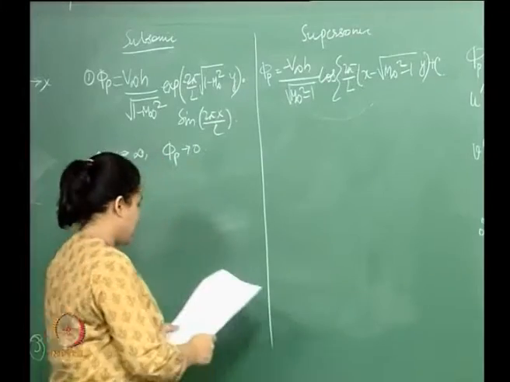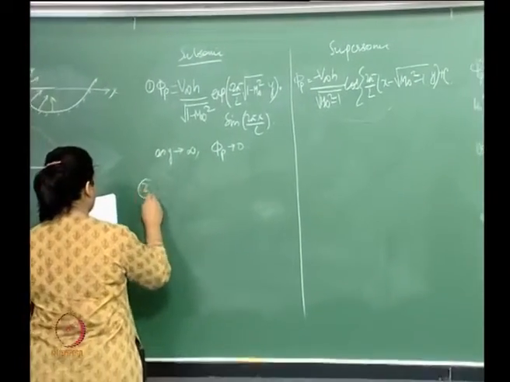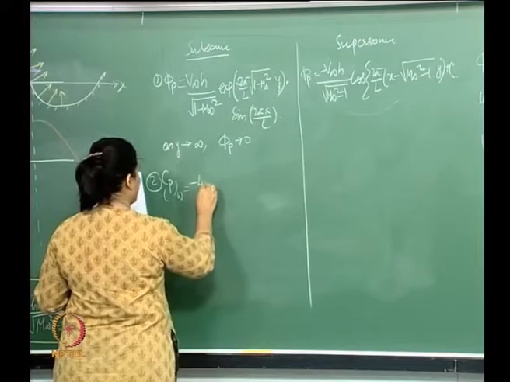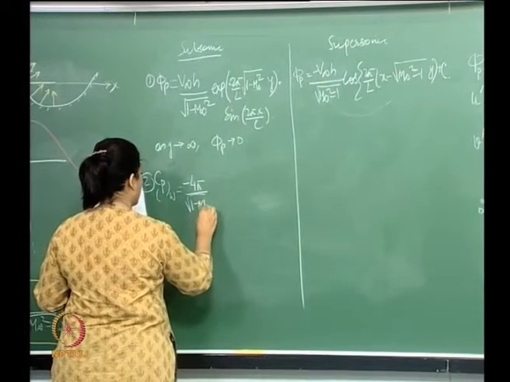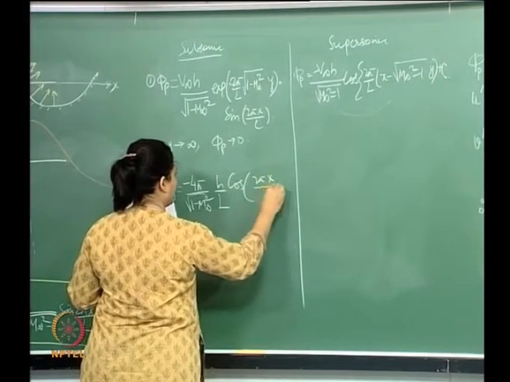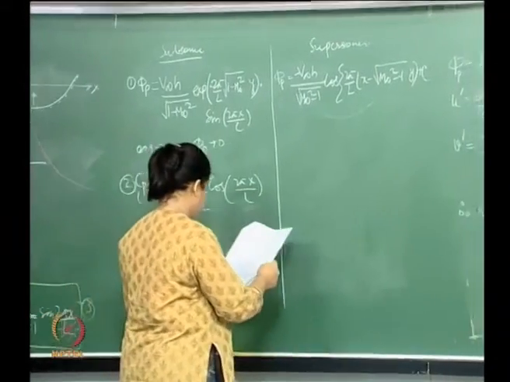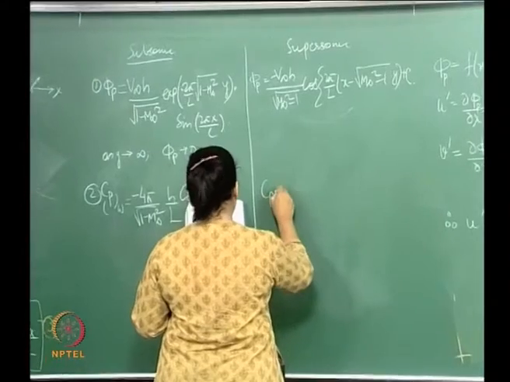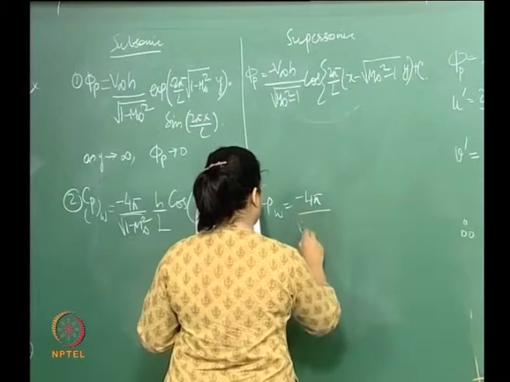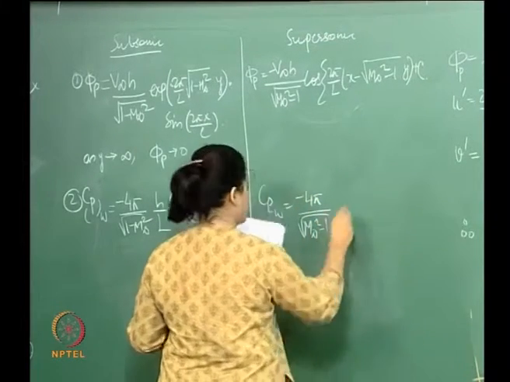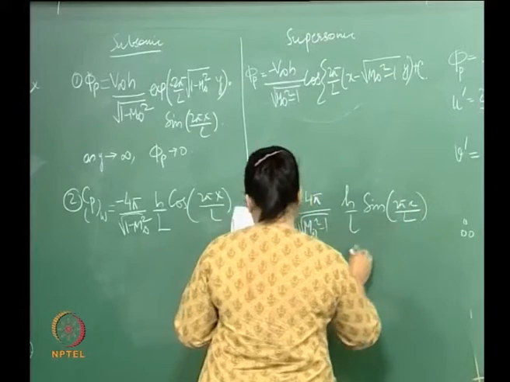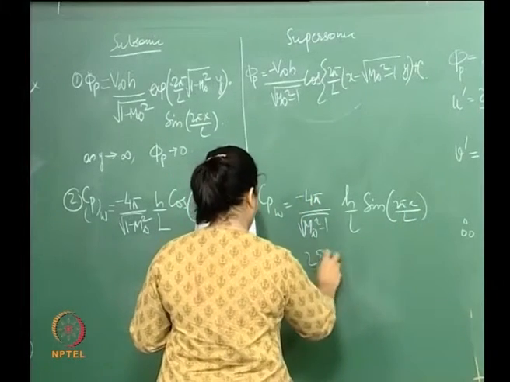Here, Cp at the wall was this, and on the other hand here, Cp at the wall looked like this, and this was also equal to this.